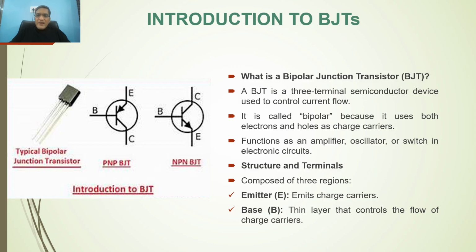A BJT is a three-terminal semiconductor device used to control current flow. Three terminals means one is the emitter, another is the base, and the last one is the collector. It is called bipolar because it uses both electrons and holes as charge carriers. It functions as an amplifier, oscillator or switch in electronic circuits.